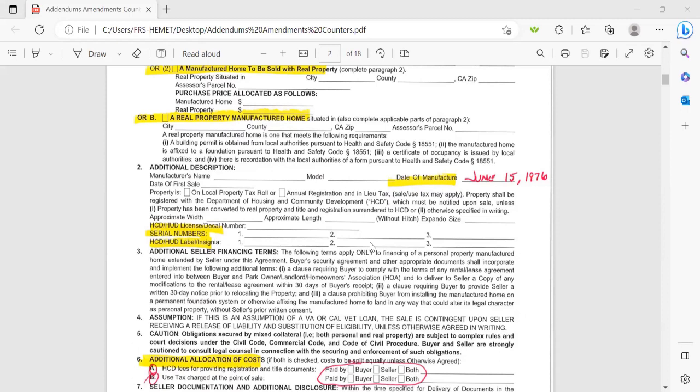So, additional description: manufacturer's name and model and date of manufacture. And I highlighted that and put this date in because that is absolutely a critical date in the manufacture of a mobile home. That date, all of the rules changed in manufacturing. They went from 2x3 exterior wall construction to 2x4 exterior wall construction.